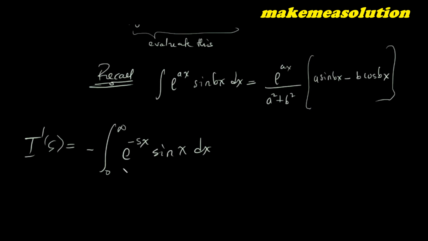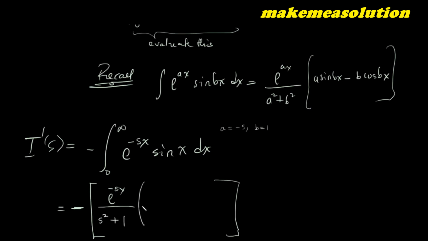Using the formula, I get minus, in square brackets, exponential minus sx all over a squared, which is s squared, plus b squared, which is 1, times a sine x, which is minus s sine x, minus b cos x, which is minus cos x. So this is going to be the answer of this integral.